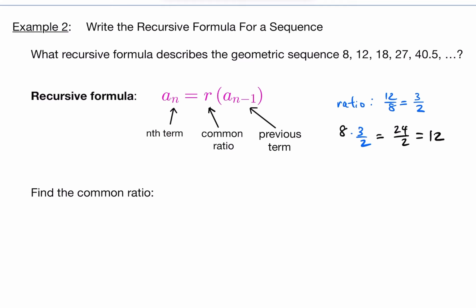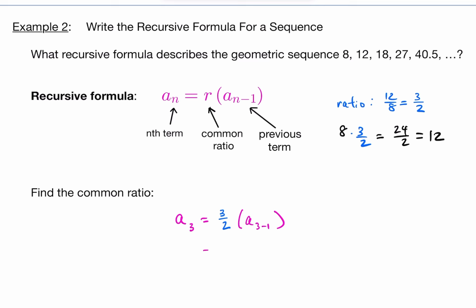So then the recursive formula states that a sub third term, in our case we're looking for the third term, is going to equal the common ratio, which we just solved, 3 over 2, times a sub 3 minus 1, which is the second term.